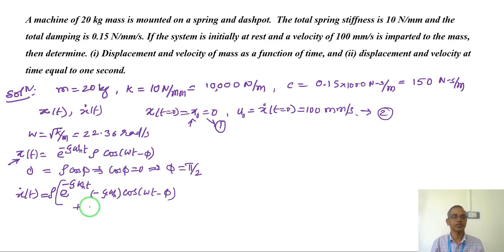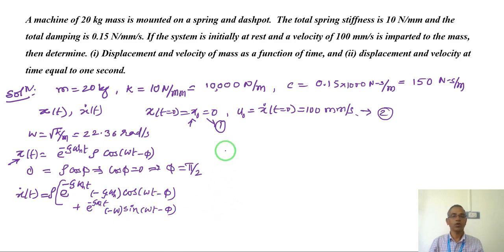The first function I have to write as it is, so minus e power minus xi omega n t into the second function differentiation, which is minus sine. So minus of sine omega t minus phi into omega. So I can take this as minus omega.